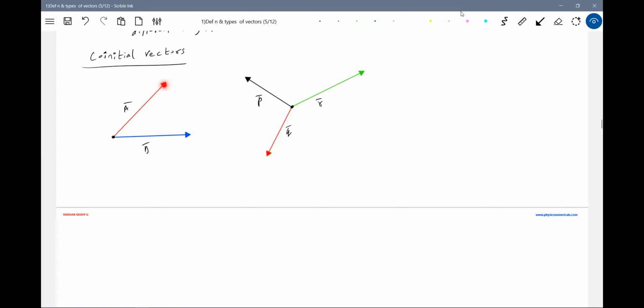This is called a tail, this is a head; this is called a tail, and this is a head. If the tails of two vectors are at the same point, we call them co-initial vectors. So how do we define this in vectors? Having the same co-initial points.